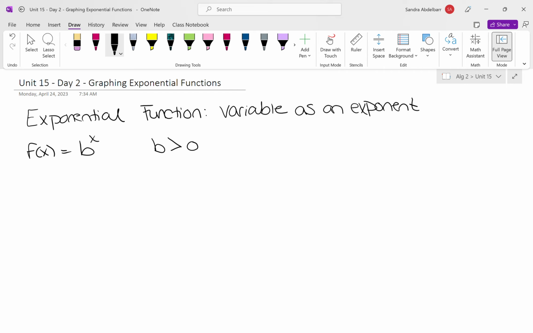Aditya? If b was 0, would it become undefined? Well, no, that's only undefined if b is like in the denominator. So that's okay. We're just talking about why does b have to be greater than 0?